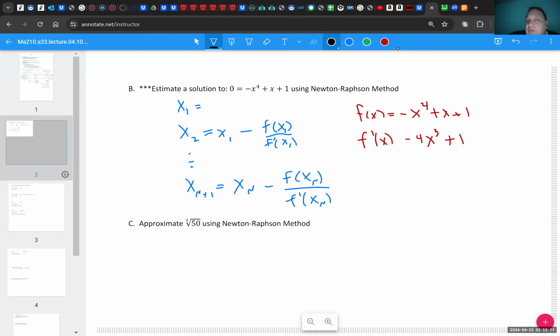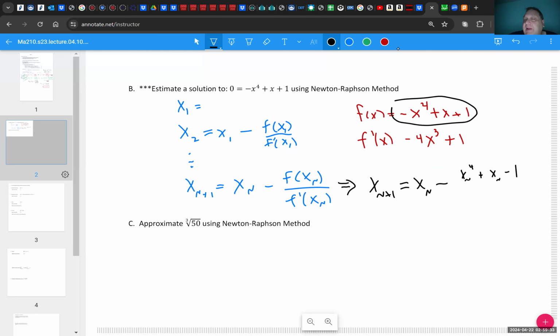If you want, the way your textbook does this is they translate this a little bit into formulas. They write x_(n+1) is equal to x_n minus the function value with x_n plugged in. So they would say x_n to the 4th plus x_n plus 1.